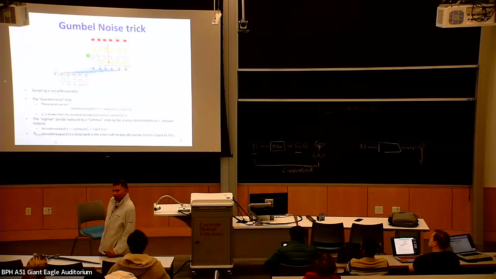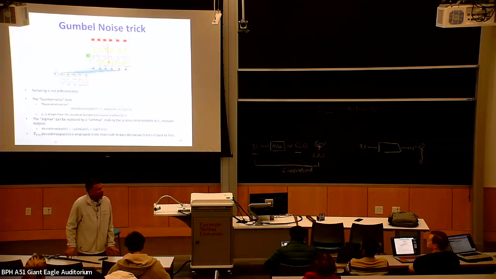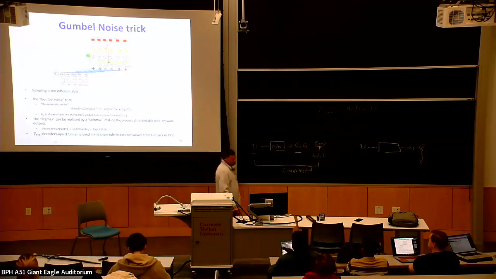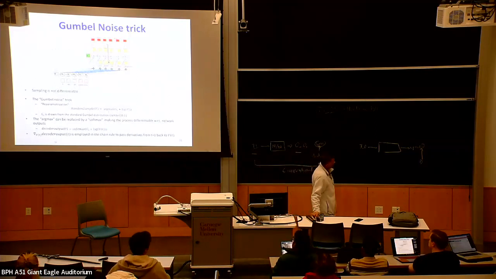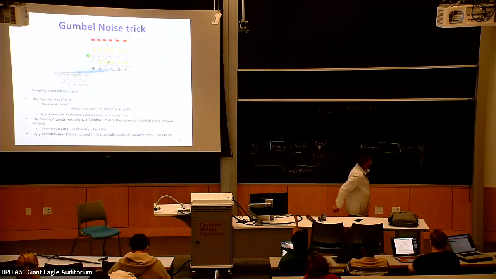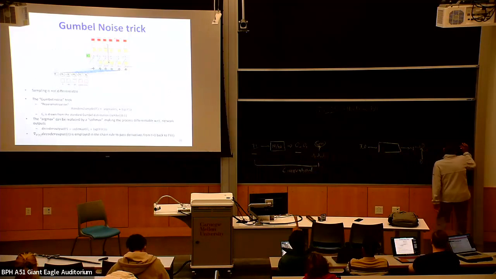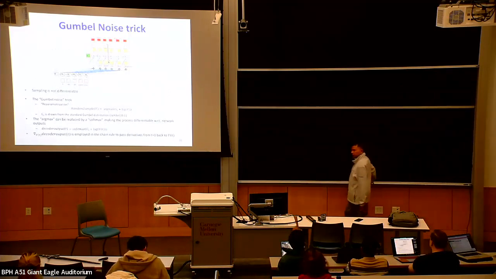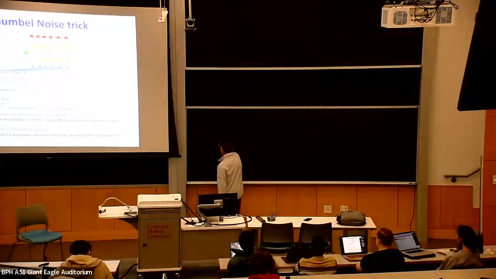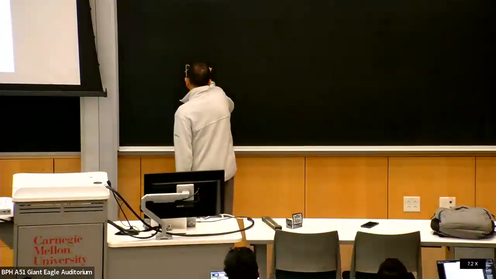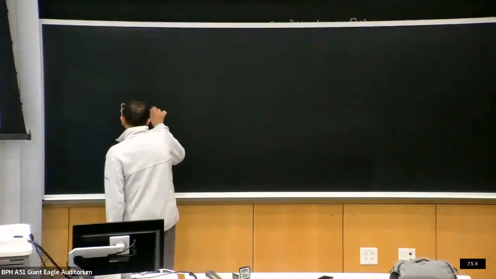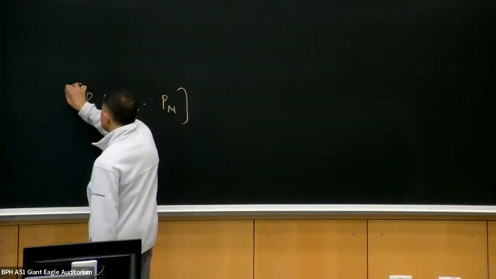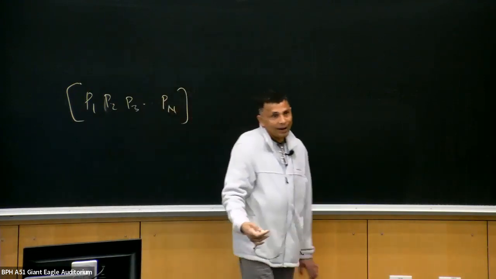Now, a Gumbel noise trick is based on a very simple principle: suppose I have a probability distribution that I'm trying to sample from, with probabilities P1, P2, P3, up to Pn. So there are n possible outcomes, like an n-sided die.